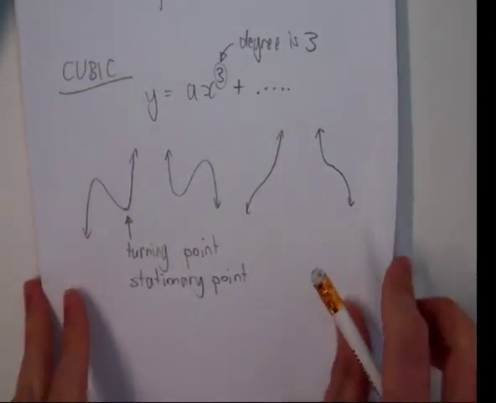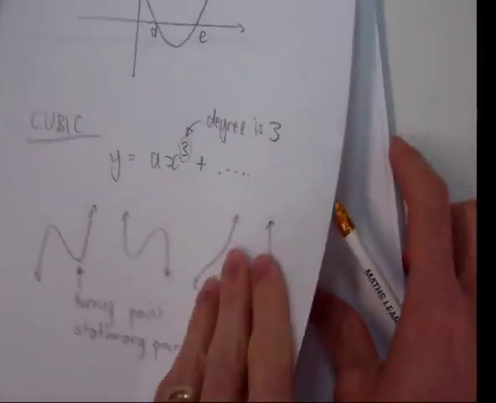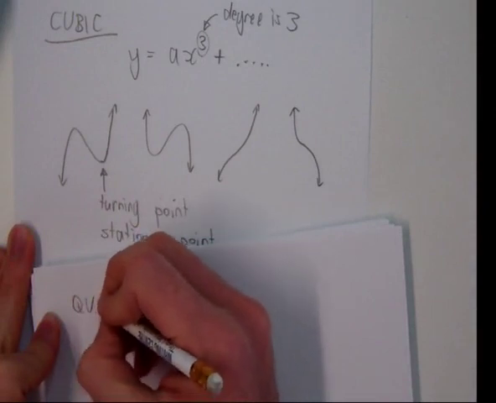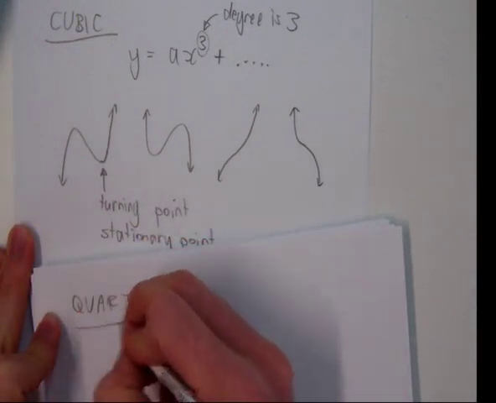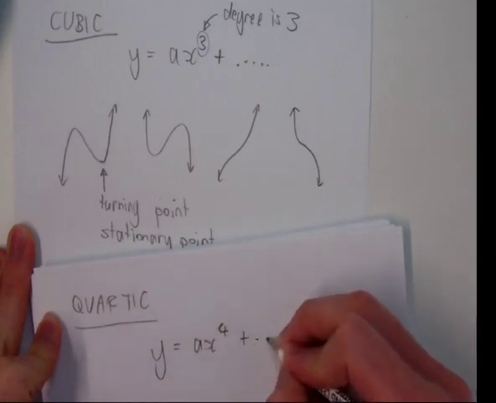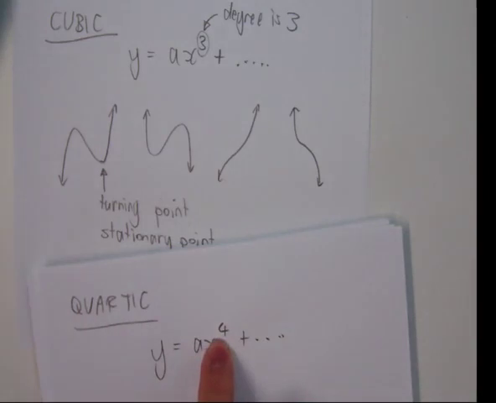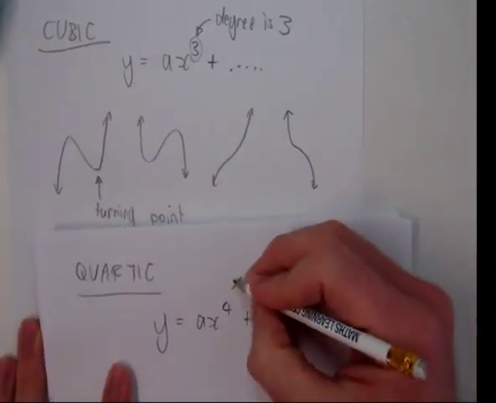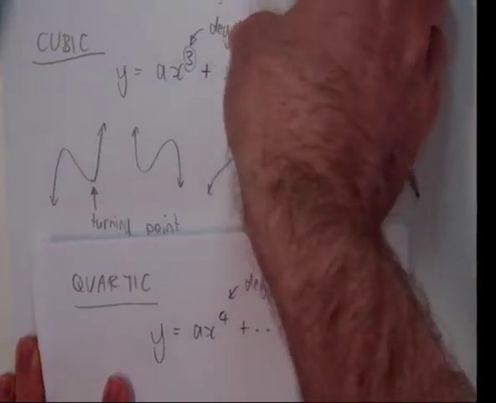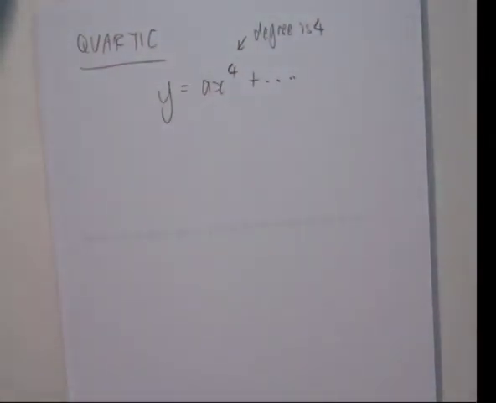And then the next one is called a quartic. And it has its degree 4. So we had linear functions, quadratic functions, cubic functions, quartic functions, and quartics can have up to 3 turning points.